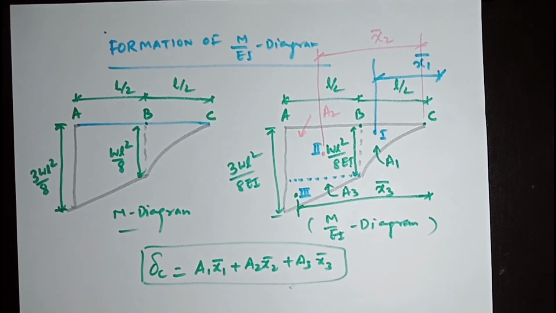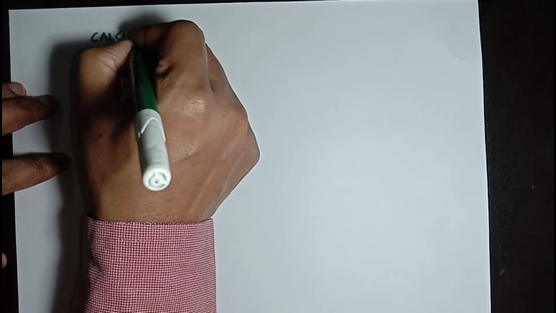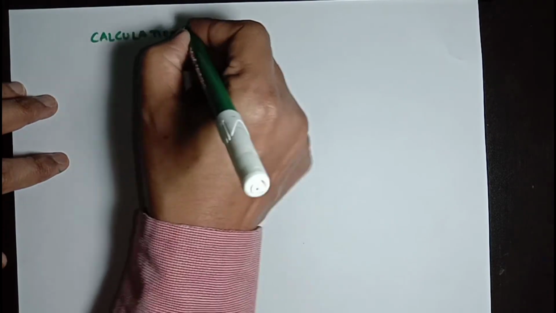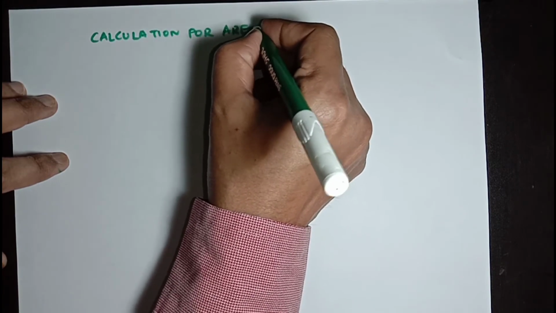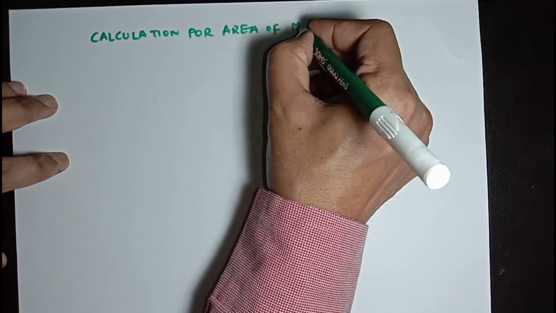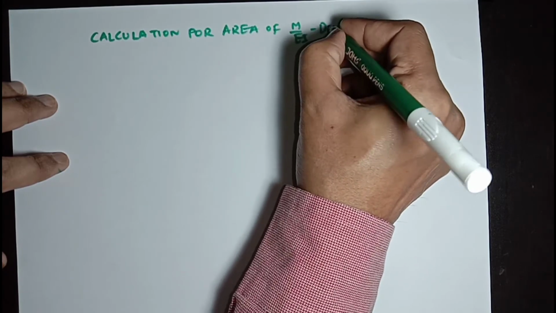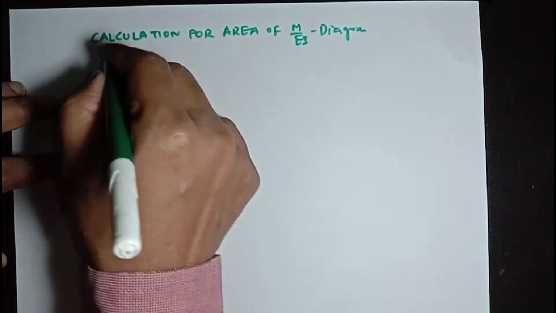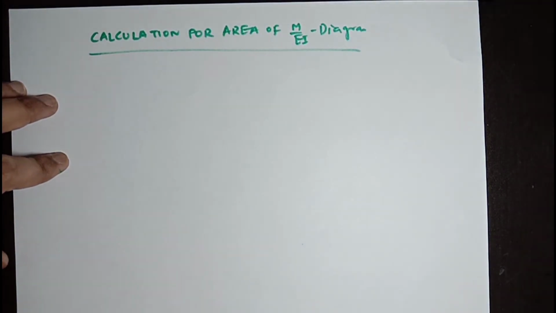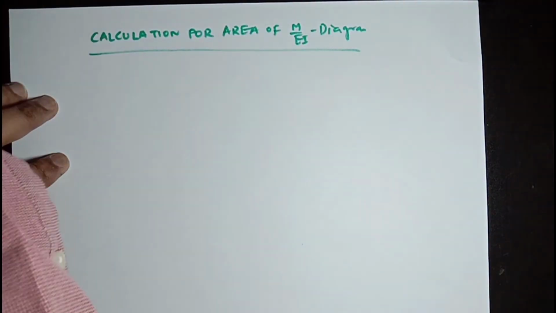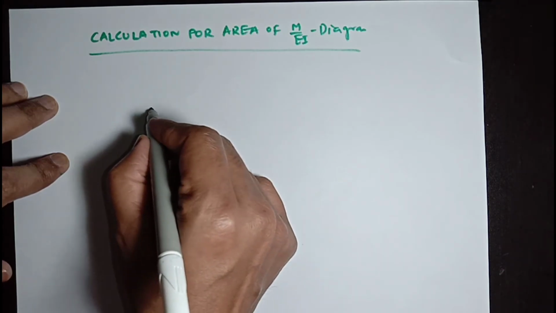So now the calculation for area of the M over EI diagram. This is the M over EI diagram.